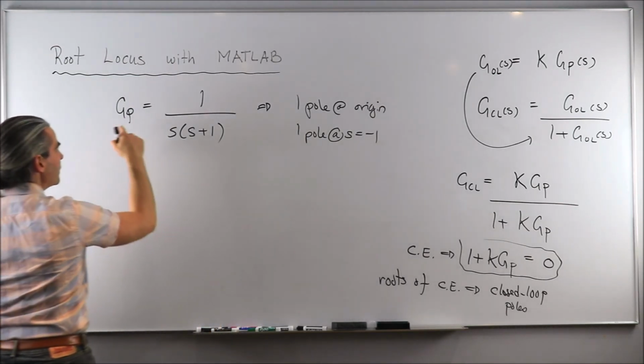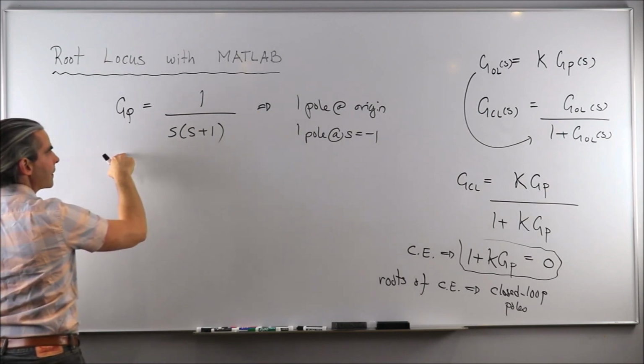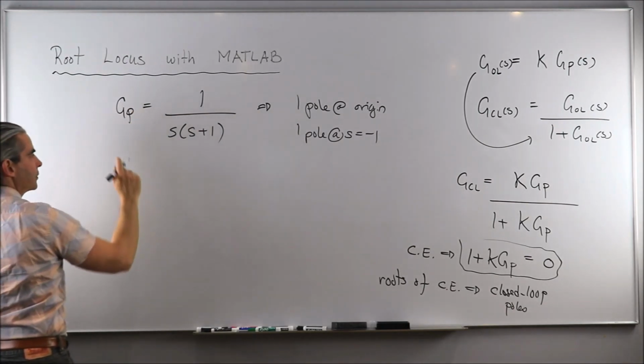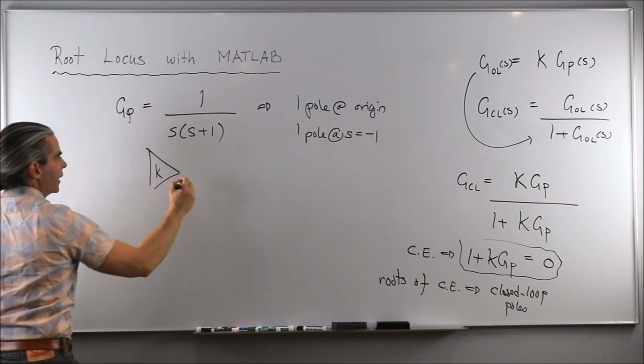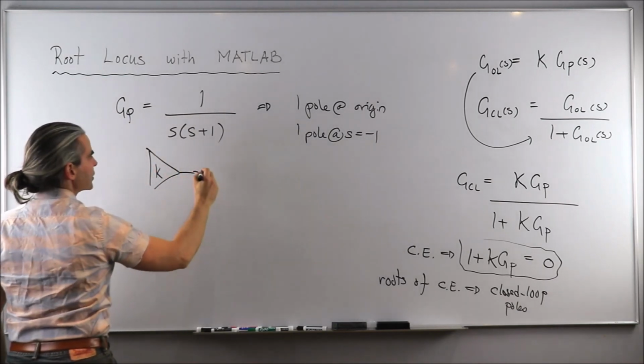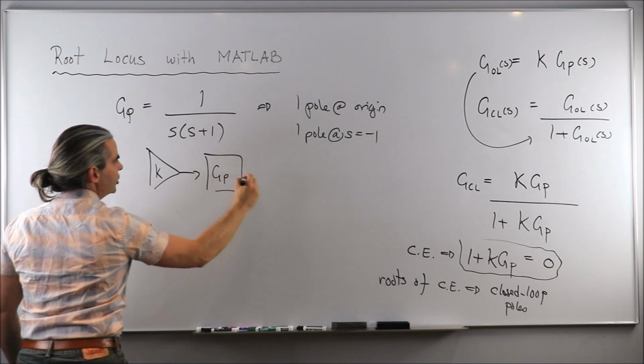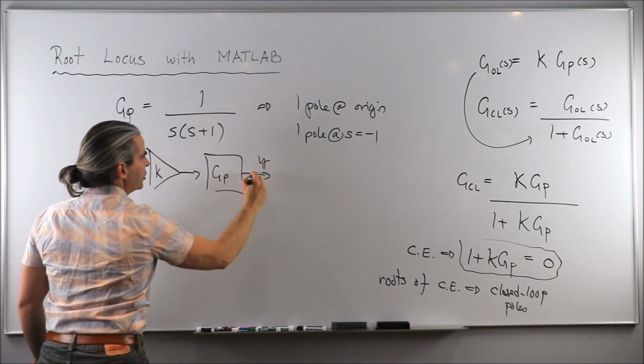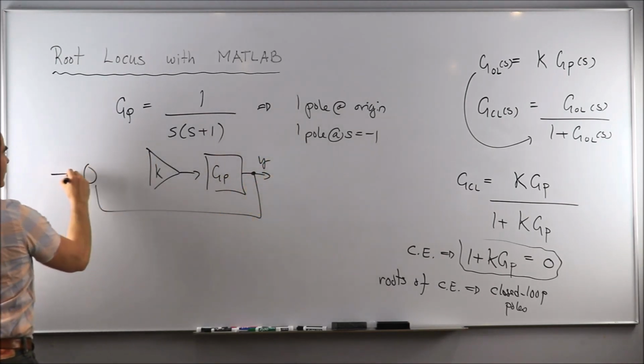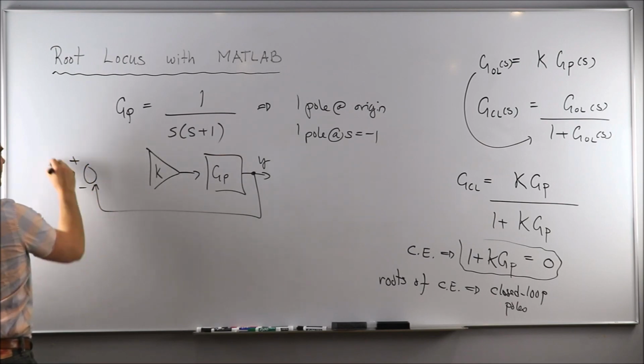So then we had obtained the closed loop transfer function by multiplying this plant with a control action K, as I just did previously, because K multiplies GP. I produce a new output. We feed this back, compare that to the reference signal.